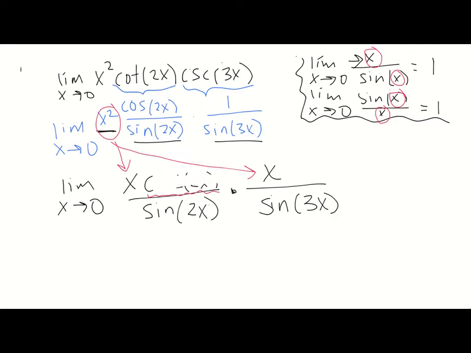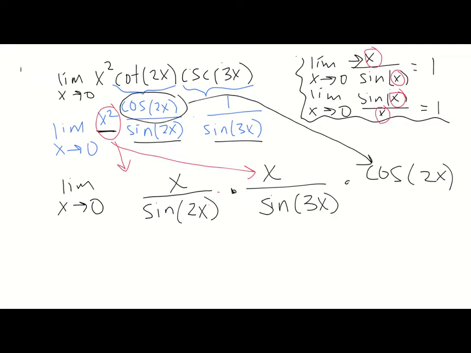The cos 2x, I'm just going to put it at the end. So just here at the end, I'm just going to say multiplied by cos 2x. Okay, so I just moved it to the end there, just because we're not too worried about it.